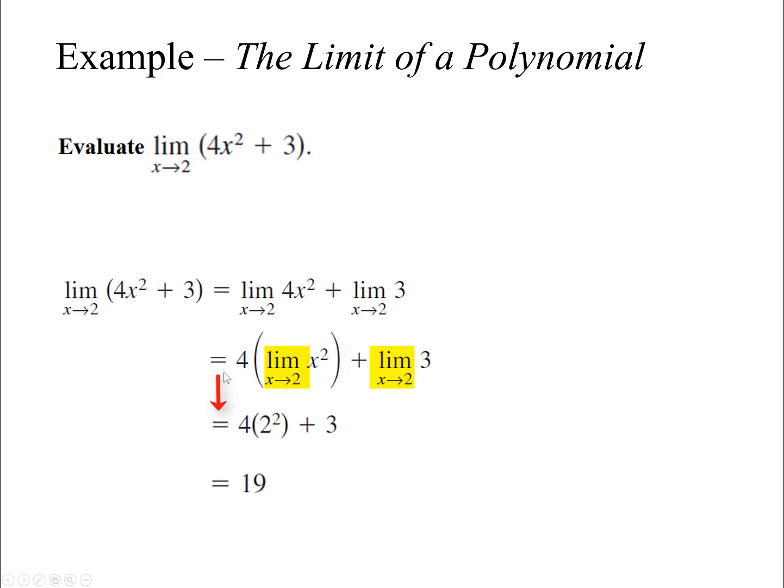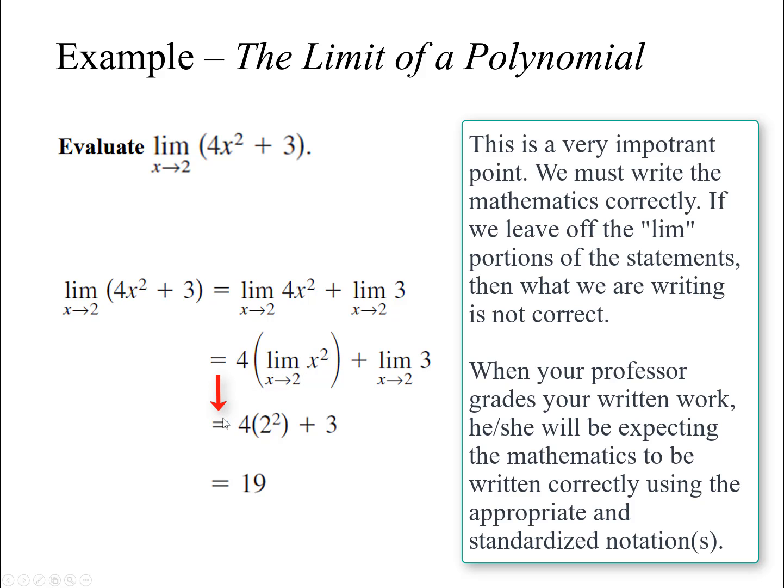Here, the limit is being evaluated from this step to this step. Now I could have evaluated the limit here. I left it so that you could see as the observer that it's between this step and this step where I'm now applying the theorems to evaluate the limit via functional evaluation.